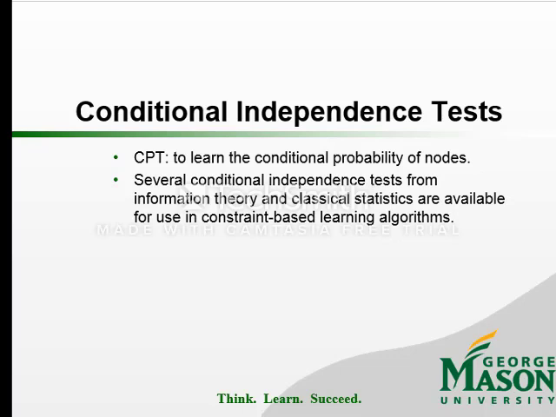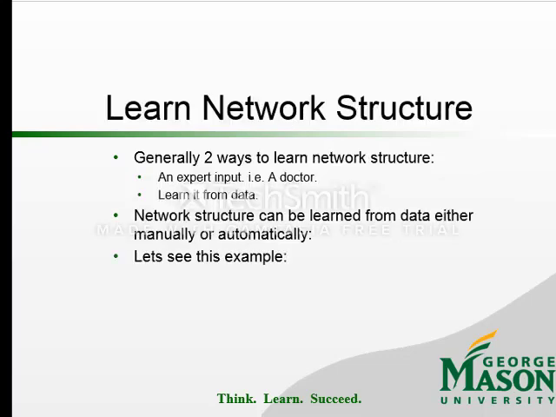There are several conditional independence tests from information theory and classical statistics available for use in constraint-based learning algorithms, like mutual information and Pearson's association if we are using discrete data, or if we're using continuous data, there are linear correlation and Fisher's Z-test.